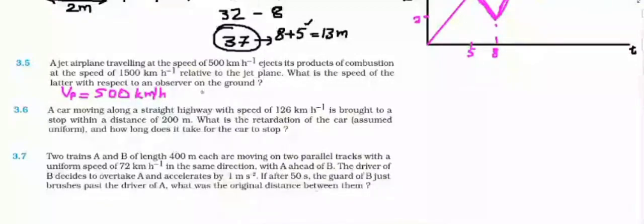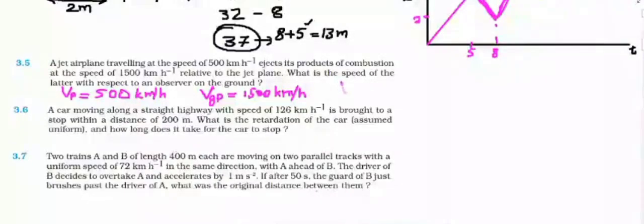Okay, combustion, exhaust gas. You can take Vgp, relative velocity, Vgp is equal to 1500 kilometer per hour. What is the speed of the latter? Means what is the speed of the exhaust gas? That is what we need to calculate.